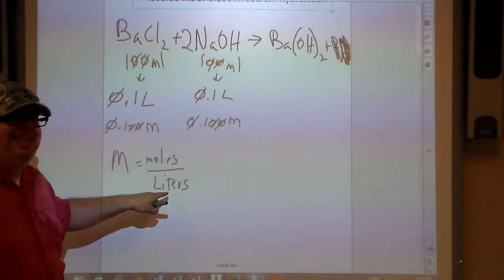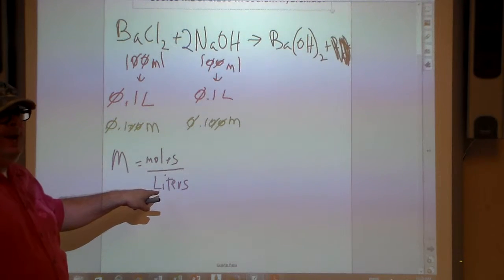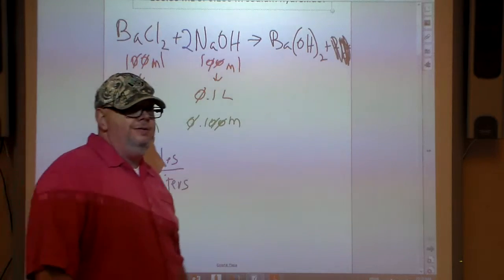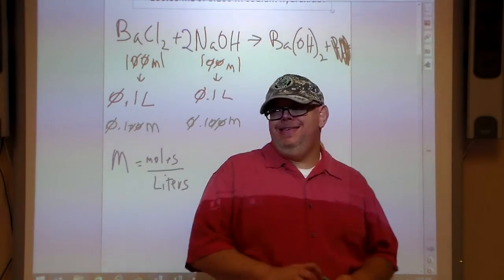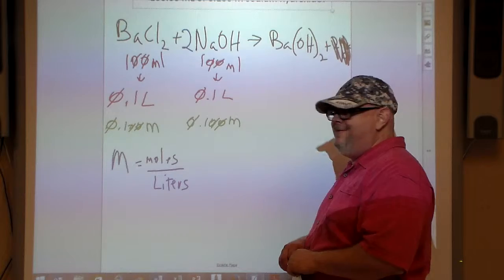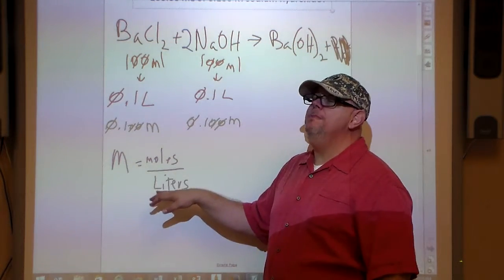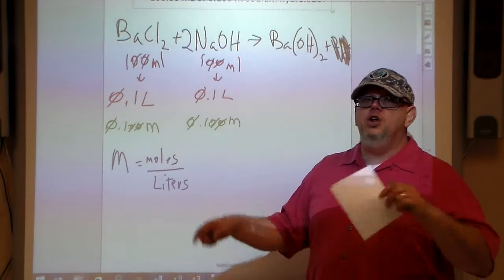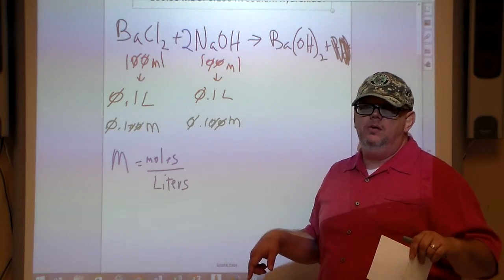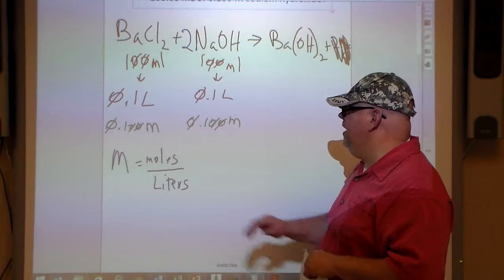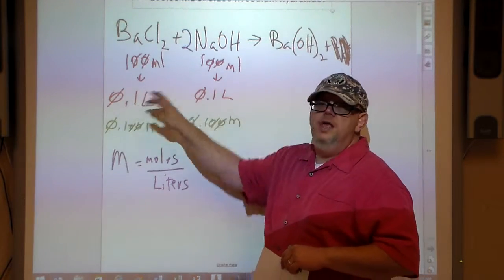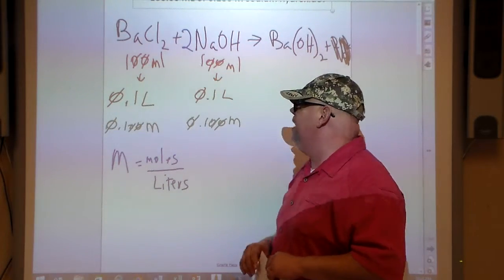Can we write this in milliliters instead of liters? No. Because if we do it in milliliters instead of liters, then our numbers are going to be off. You need to pay attention to that. You always want to change this into liters. That's how I changed it in the first place.